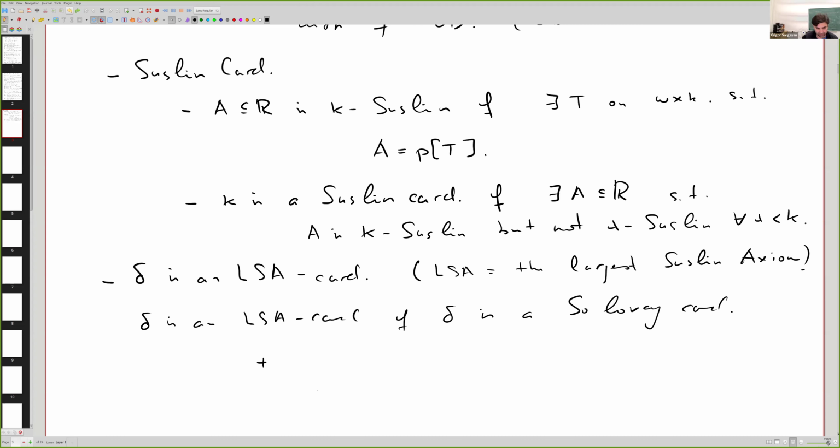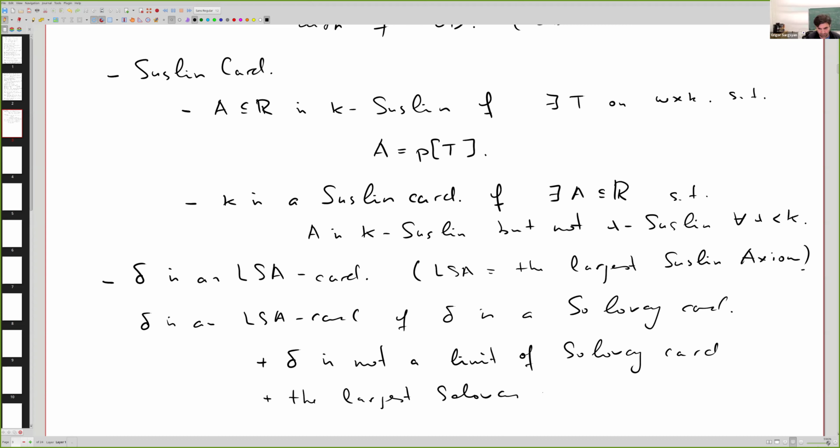Delta is a Solovay cardinal, and delta is not a limit of Solovay cardinals, right? So it's not a limit of inaccessible cardinals, plus the largest Solovay cardinal less than delta is a Suslin cardinal.